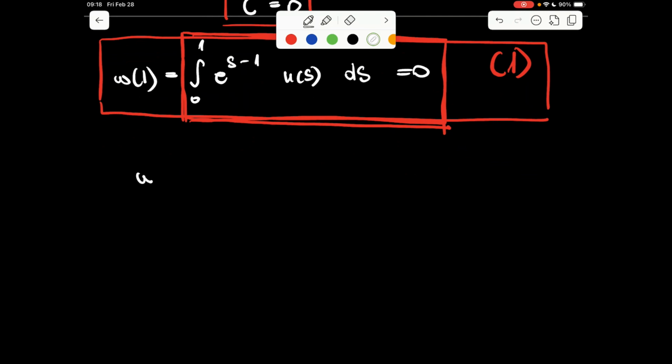We have, again, this differential equation.